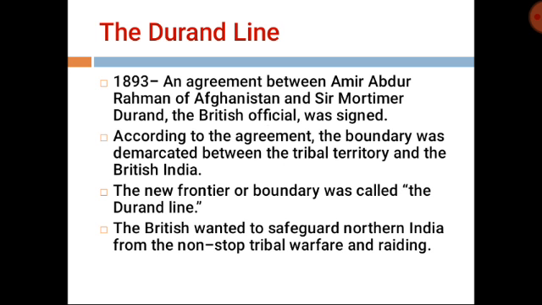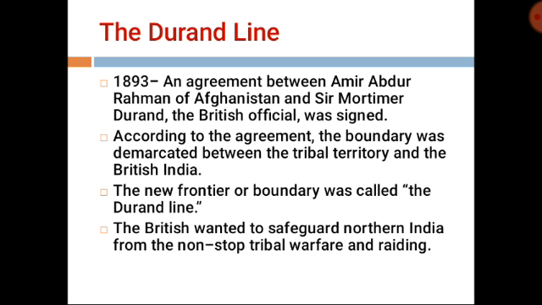Now we'll discuss the frontier defined between the British and the government of Afghanistan. In 1893, an agreement was signed between Amir Abdul Rahman of Afghanistan and Sir Mortimer Durand, who was the British official on behalf of the British government.